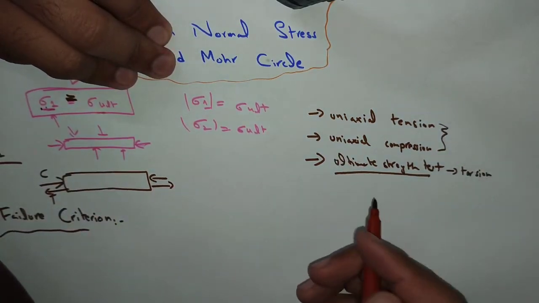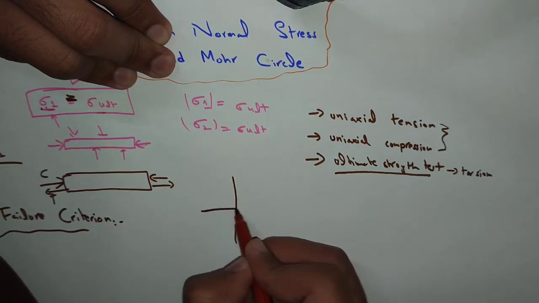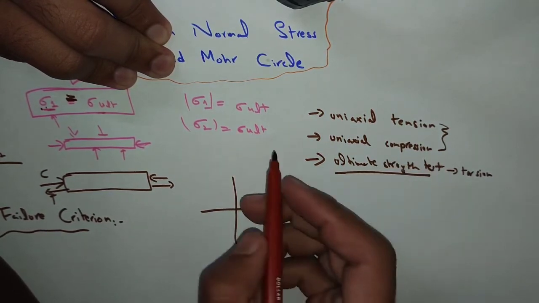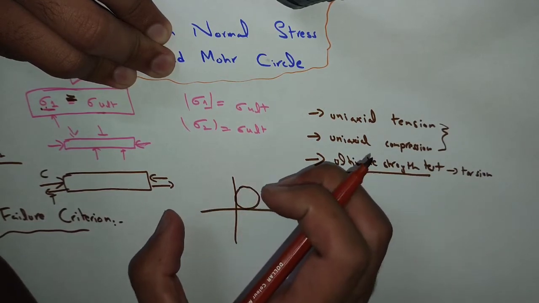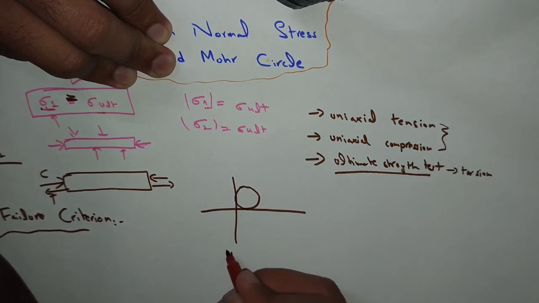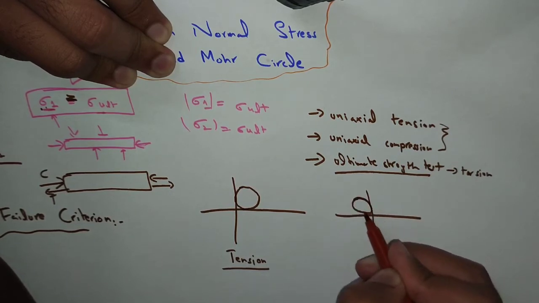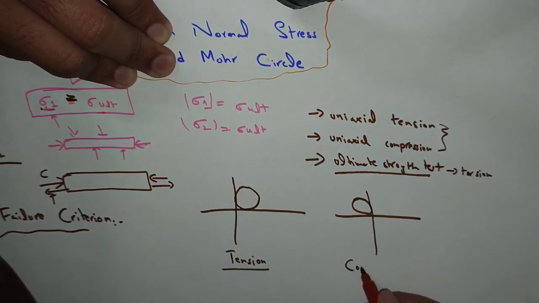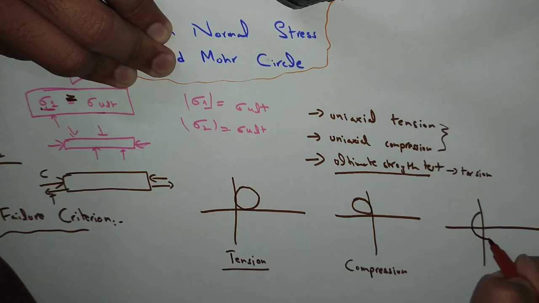Now I'm going to draw these three things. For Mohr circle for tension, we have to draw the Mohr circle here on the first quadrant, on the positive side, and this is for tension. This will be for compression on the left side, and this will be for torsion at the center.